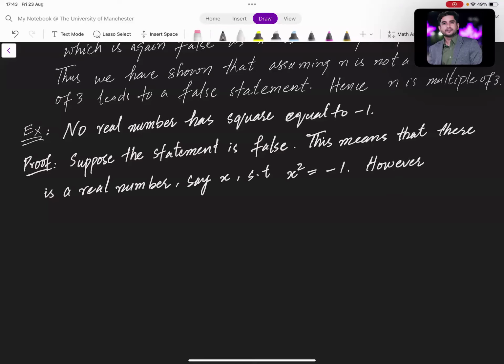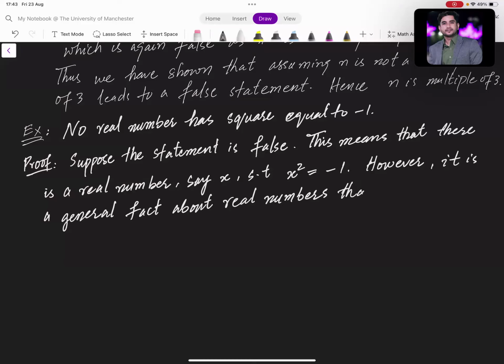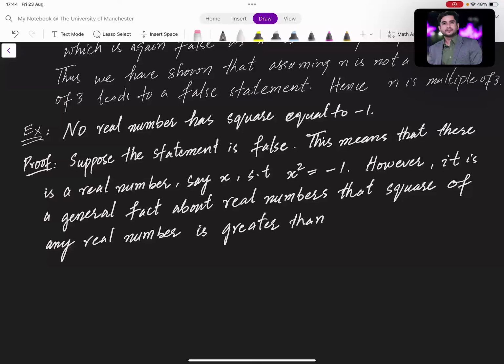However, it is a general fact about real numbers that the square of any real number is greater than or equal to 0.